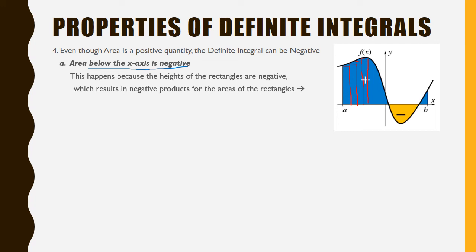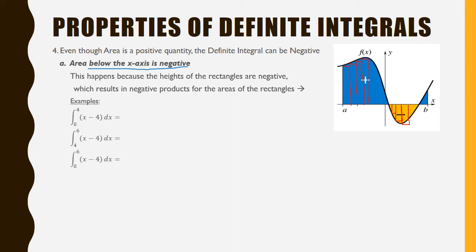But what happens once we get to here? Well, once we start getting into the region where the function is below the x-axis, the heights of the rectangles become negative. And when you multiply a negative height by a positive width, you get a negative area.